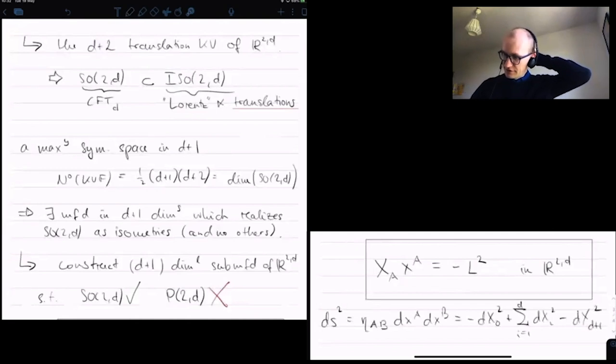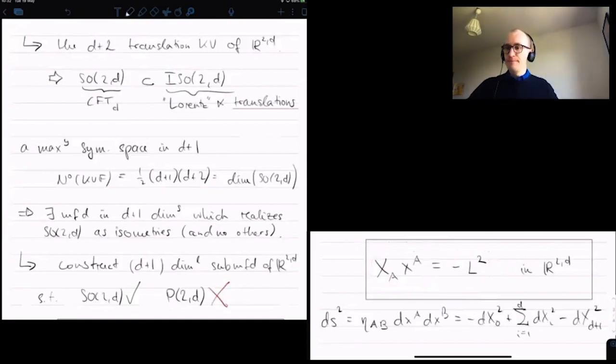So this contraction is minus X0 squared plus all the Xi squared minus X_{D+1} squared. And the whole thing is equal to minus L squared. That is the arbitrary parameter that I introduced. So this thing here is negative definite for L real.